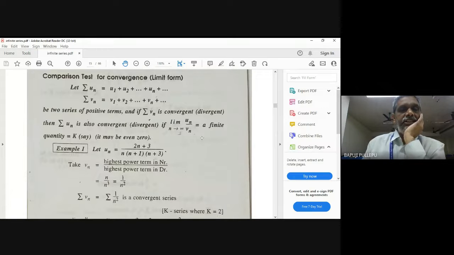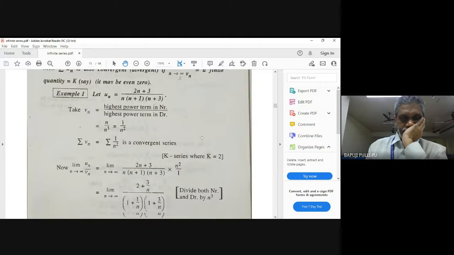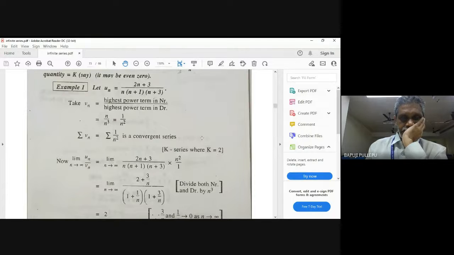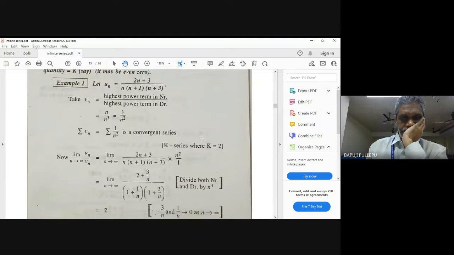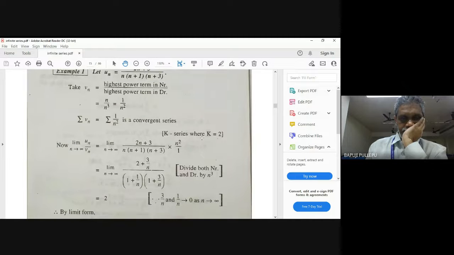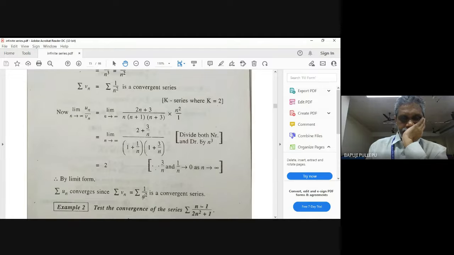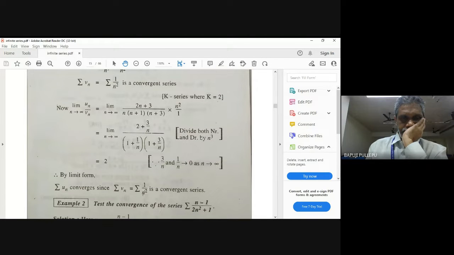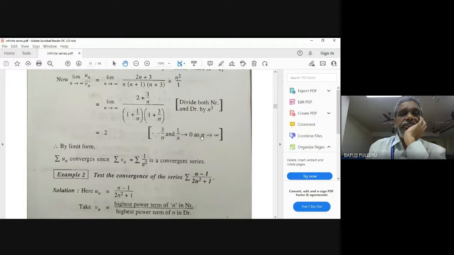If Vn is convergent or divergent, then Un is also convergent or divergent, when Un by Vn is a finite quantity k. It may even be 0. Depending on 1 by Vn, you can decide.